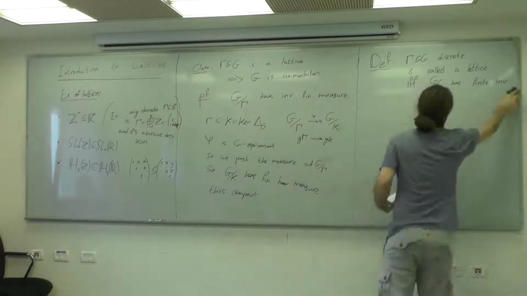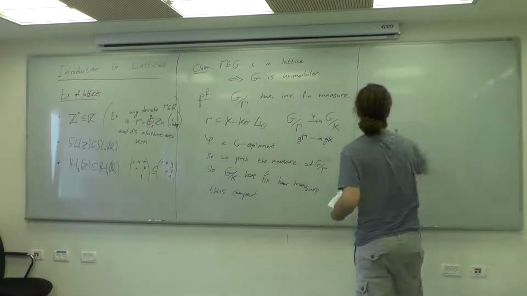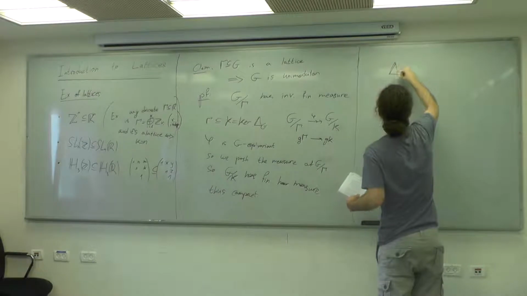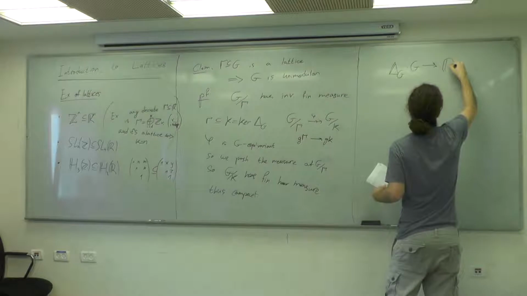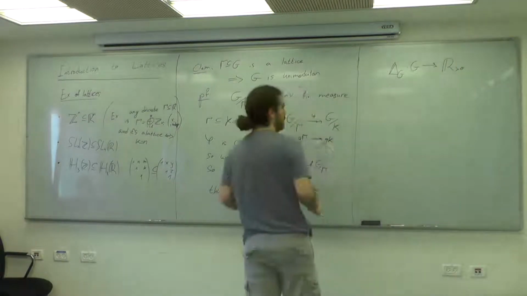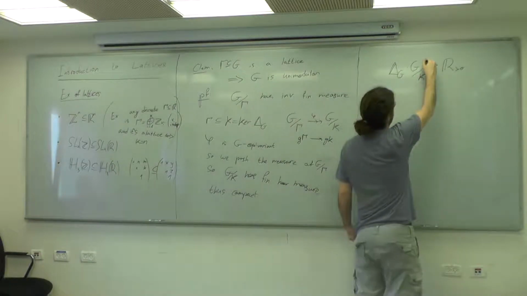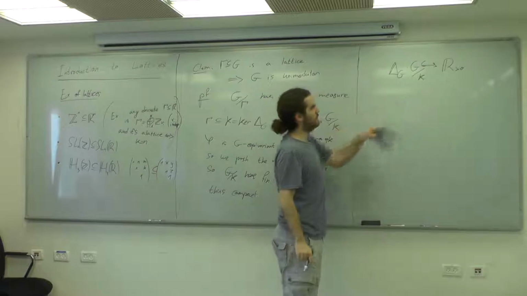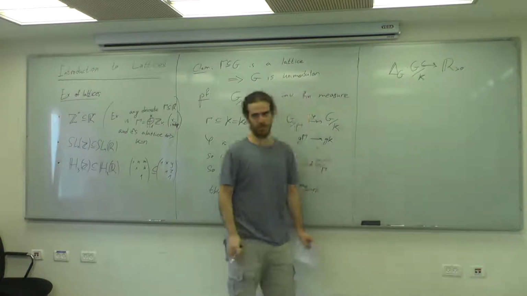So let's consider the map of the modular function of G. The modular function of G is from G to the positive reals, and we know the kernel is K. So if we mod out by K, we get an injection of G mod K into the positive reals with multiplication.